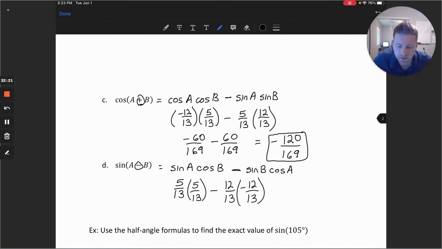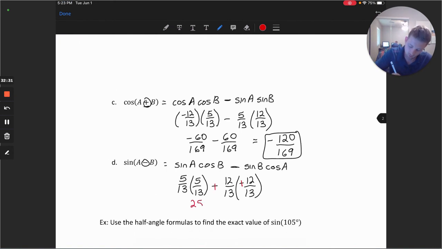So we'll have a double negative there on the back half of this problem. And so we'll have 25 over 169 plus 144 over 169. If we add those two together, this happens to add to exactly 1. And so we have that one, exactly 1.